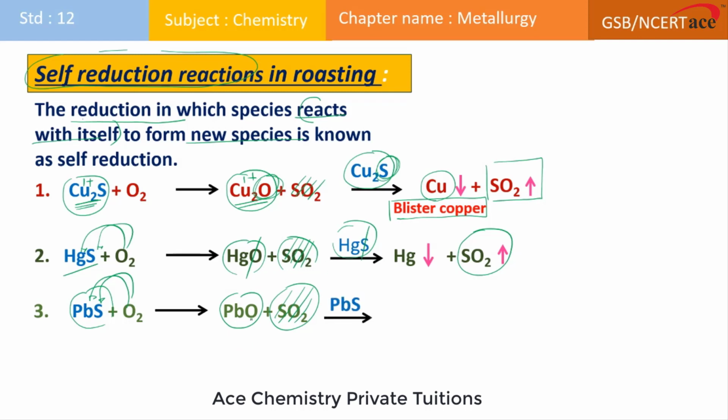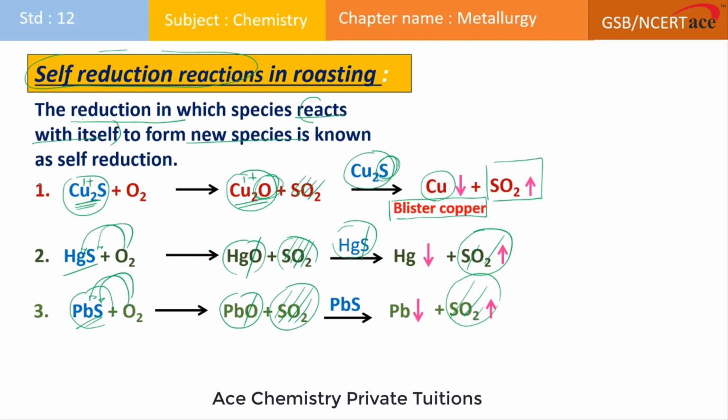So this lead oxide which is formed, again without adding any external reducing agent, this lead oxide combines with the lead sulphide which is the residual product, and this lead sulphide causes reduction or removal of oxygen of the lead oxide, and it forms impure lead metal, and there is a loss of the gaseous product which is acting as what? Volatile impurities.